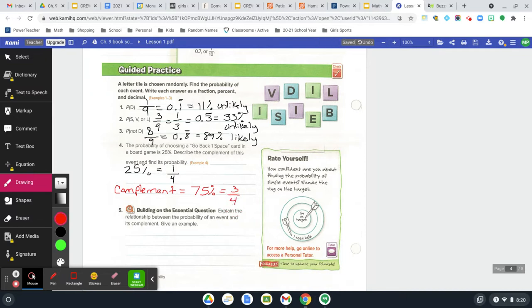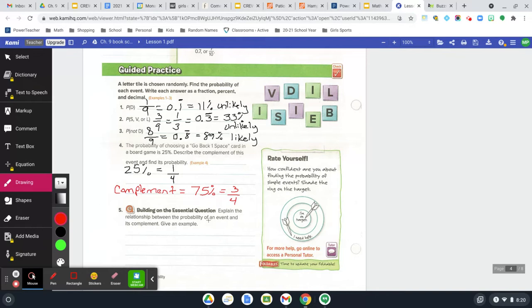So these two added together, 25% plus 75% equals one whole. You understand that for the go back one space card, there's 25% in the game that are like that. The complement, the other side of that, 75% are not the go back one space cards. So 75 plus 25 equals 100%.